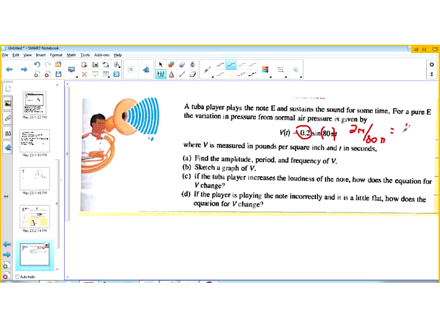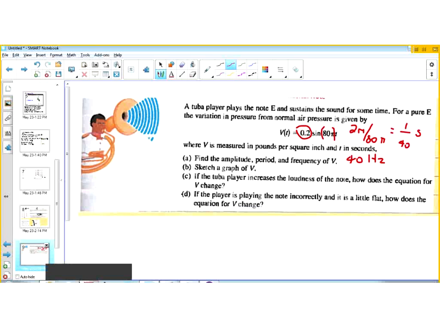That's equal to 1/40th of a second. And then the frequency is 40 hertz, excuse me. That means this sine wave goes through 40 cycles in a second. That's pretty significant, something you can definitely hear.